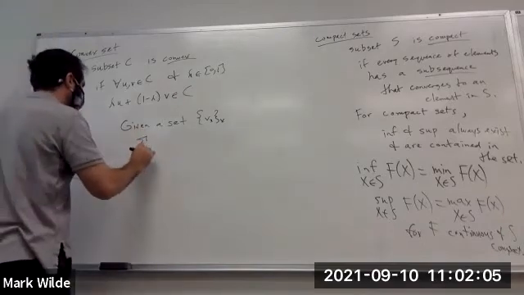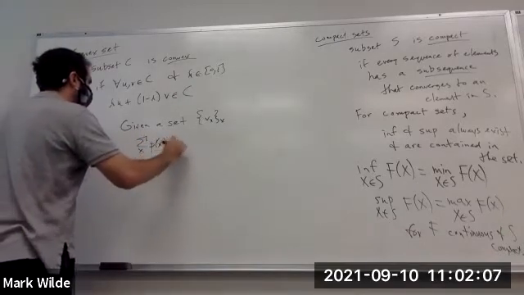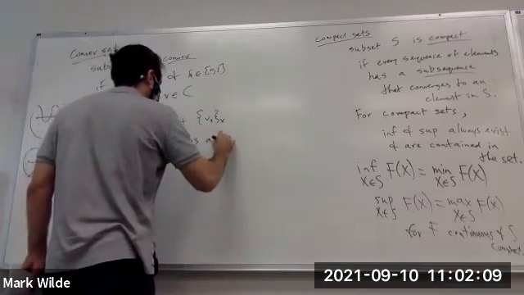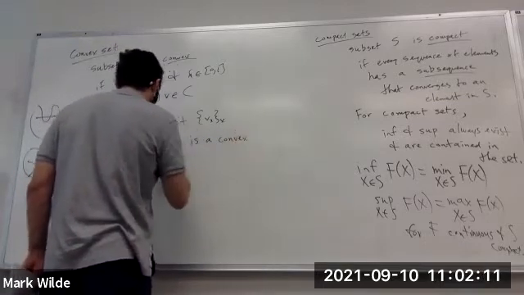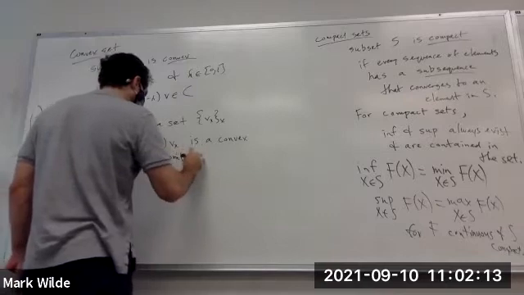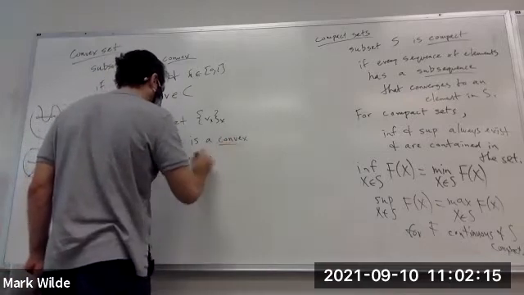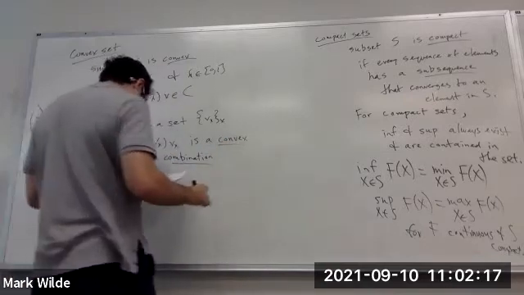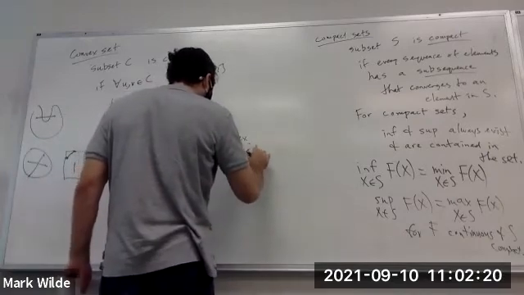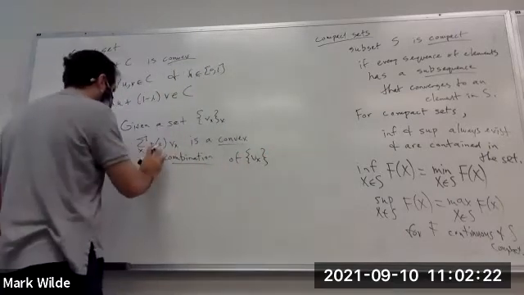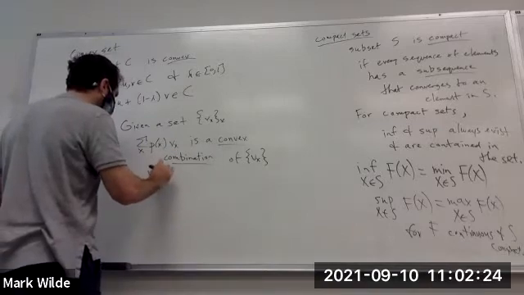This right here is a convex combination. And then critically, these p_x's form a probability distribution.